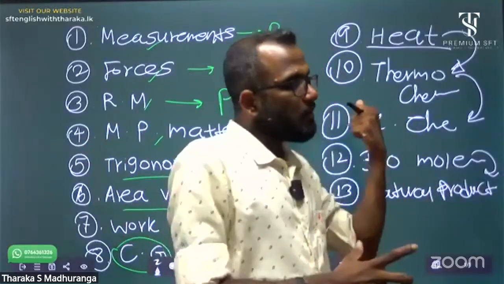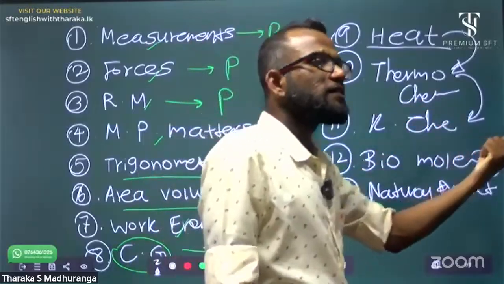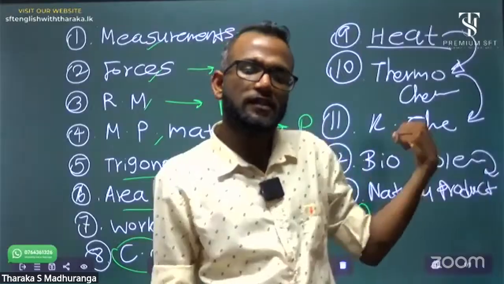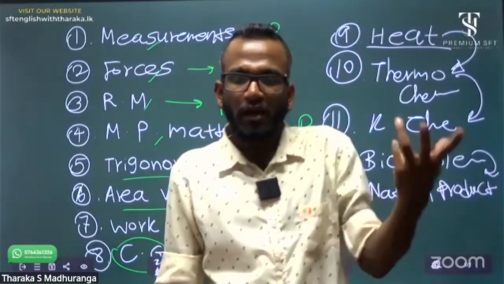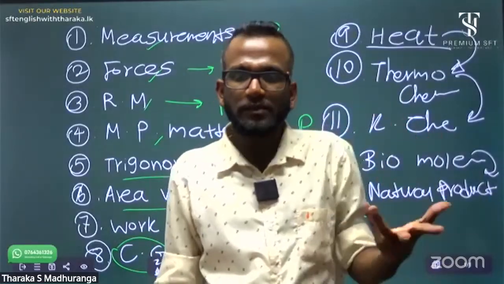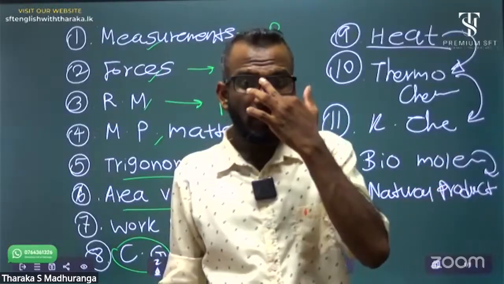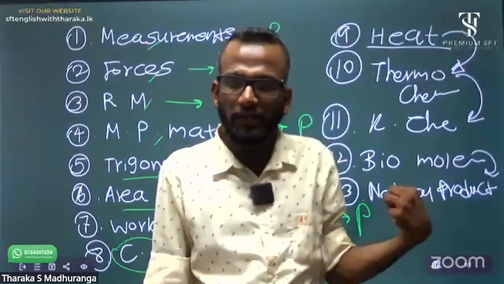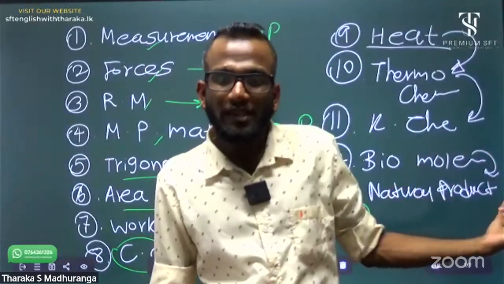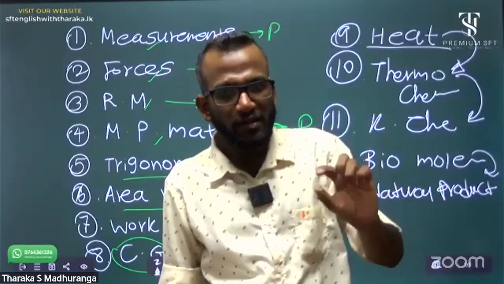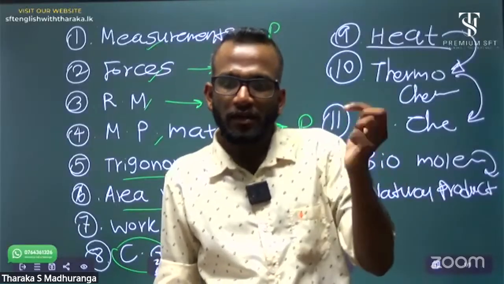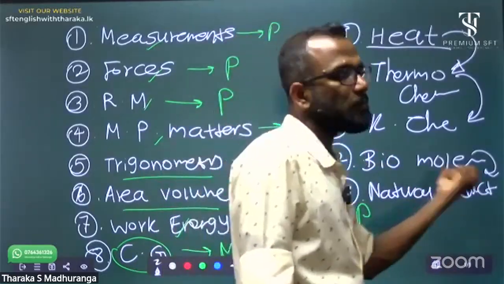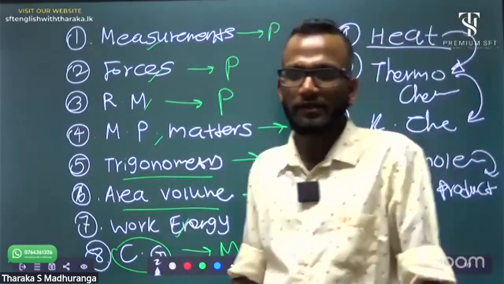Primary metabolites, for example protein, carbohydrates, lipids, vitamins, enzymes, nucleic acids, their structures and functions we discuss in the biomolecule lesson. Secondary metabolites means terpenoids, alkaloids, essential oils, phenols and polyphenols, which we discuss in the natural products lesson.